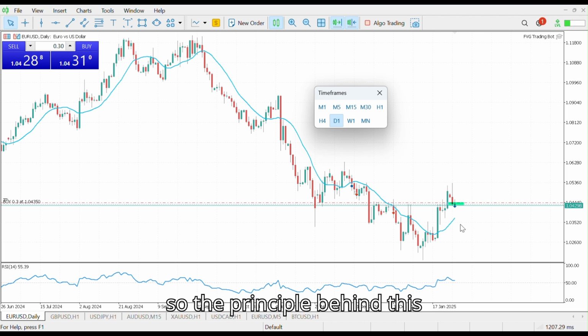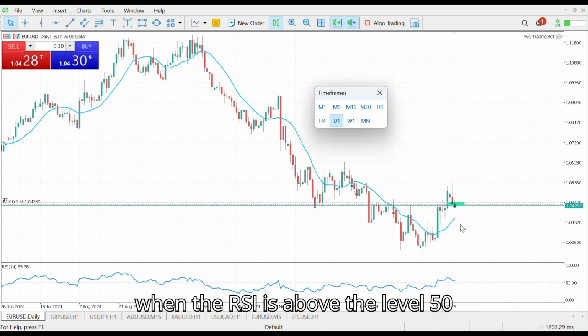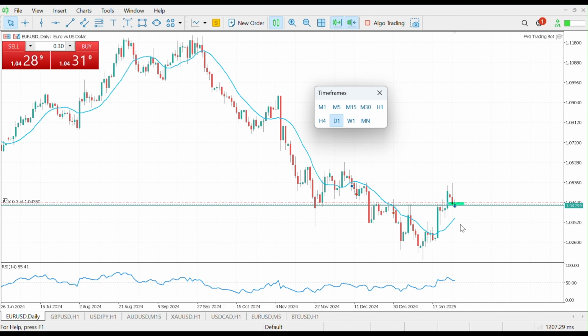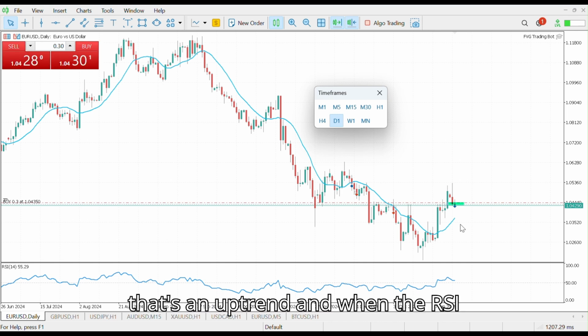So the principle behind this RSI period 14, level 50, is that on daily time frame, when the RSI is above the level 50, it indicates that it's a bullish run, that's an uptrend.